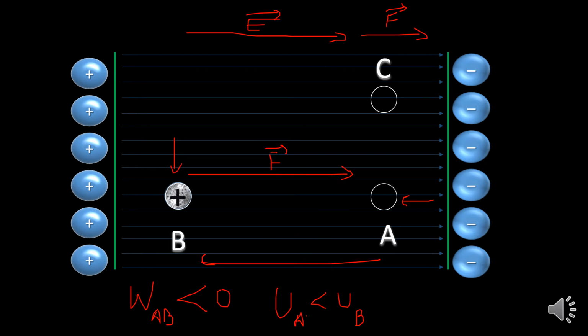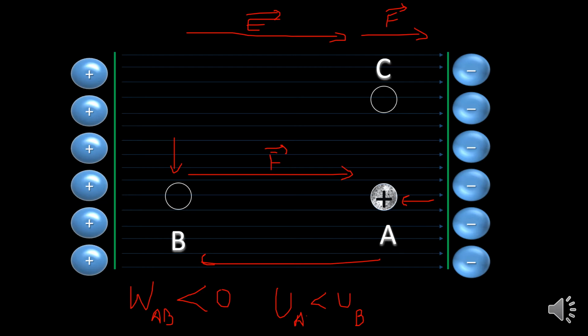What if we consider journey from B to A? What will happen in that case? So if the charge is going from B to A, force and displacement both are in the same direction, and hence charge can say that, see, I have done work, I have gone from B to A by myself.